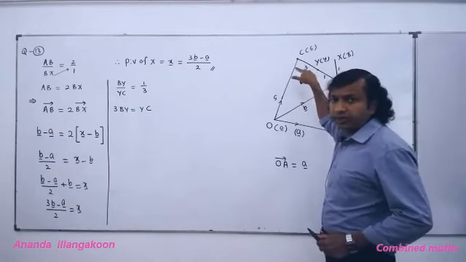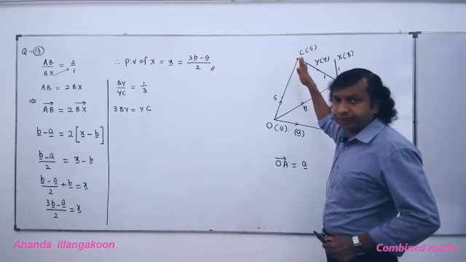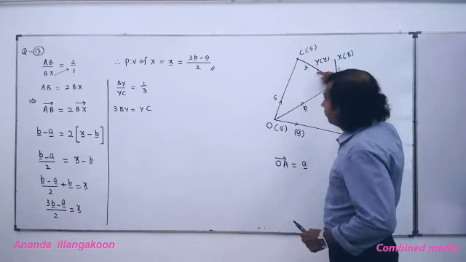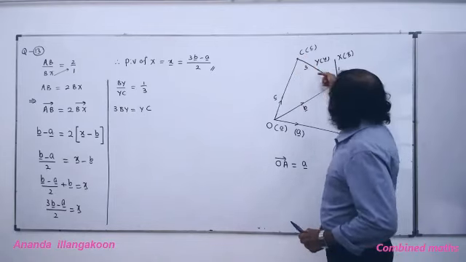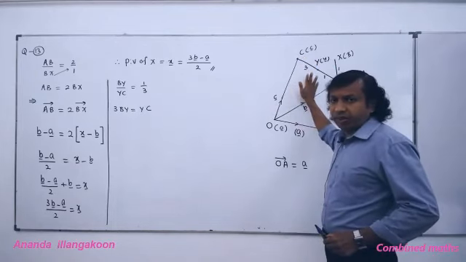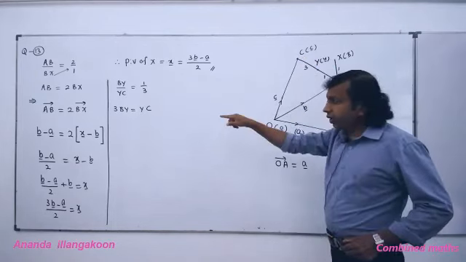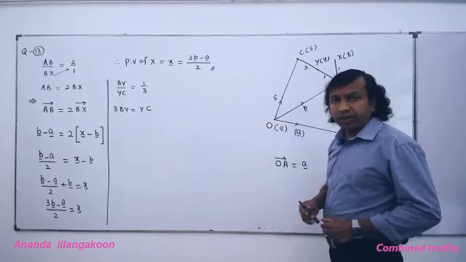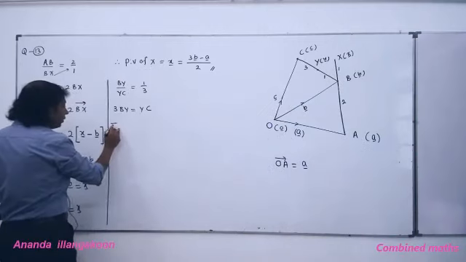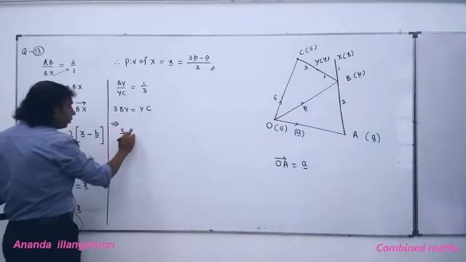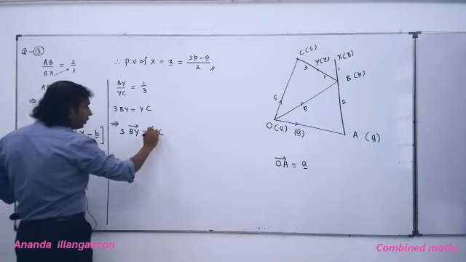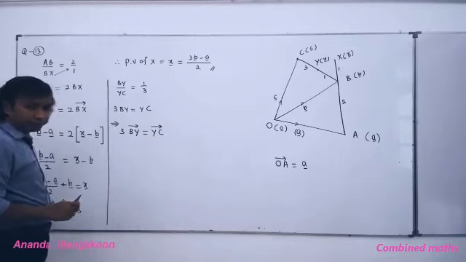Therefore, BY and YC are parallel line segments. Other thing is, going from B to Y and Y to C, we move in the same direction. With the properties available in the diagram, we can write a vector equation. How? This implies 3 times BY vector is equal to YC vector, like this.